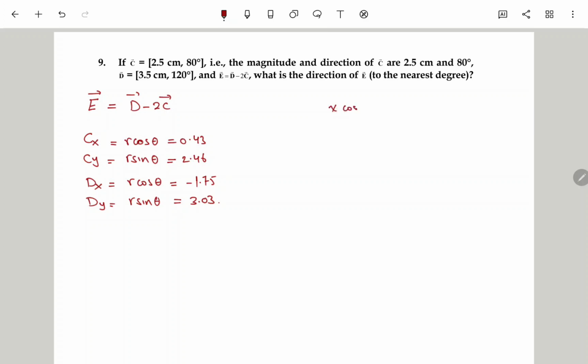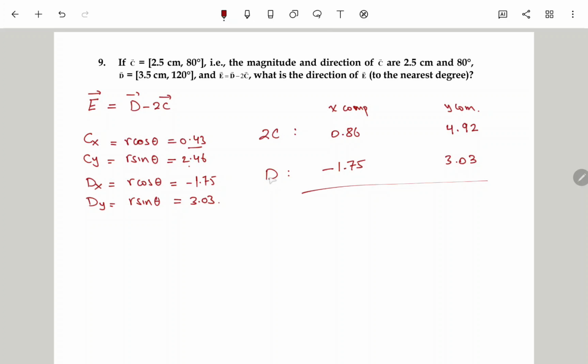You just create a simple table. This is the x component, and this is the y component. 2C in this case equals 0.86. You just multiply this one by 2, and the y component, you multiply by 2 as well, 4.92, and D you just leave as is. D here equals minus 1.75 and 3.03.